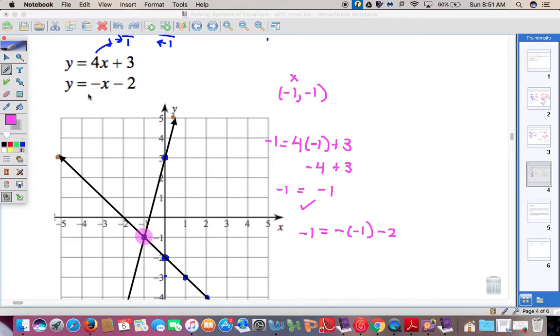So I would read that as y is equal to the opposite of negative 1 minus 2. Now the opposite of negative 1 is positive 1. Minus 2 is indeed negative 1. So again, I have that negative 1 equals negative 1. So I know my solution is true. So my ordered pair would be negative 1, negative 1.